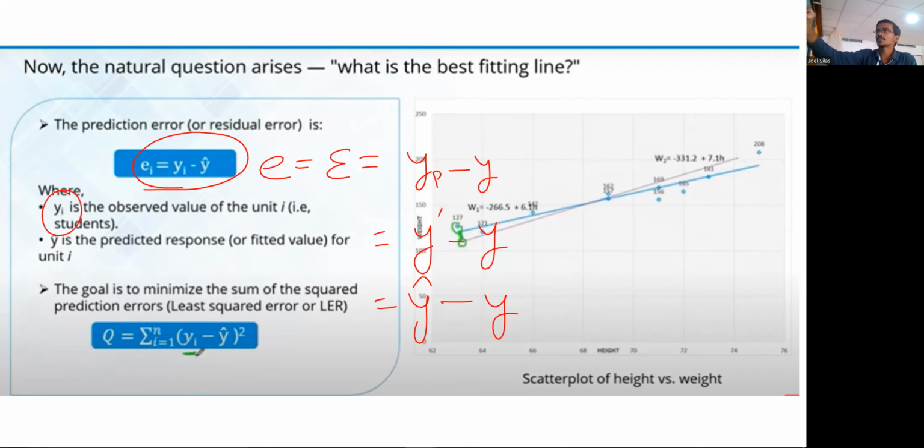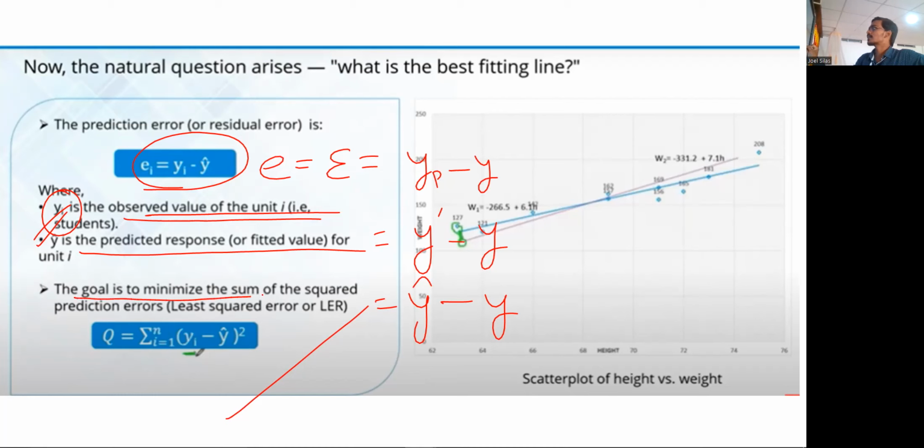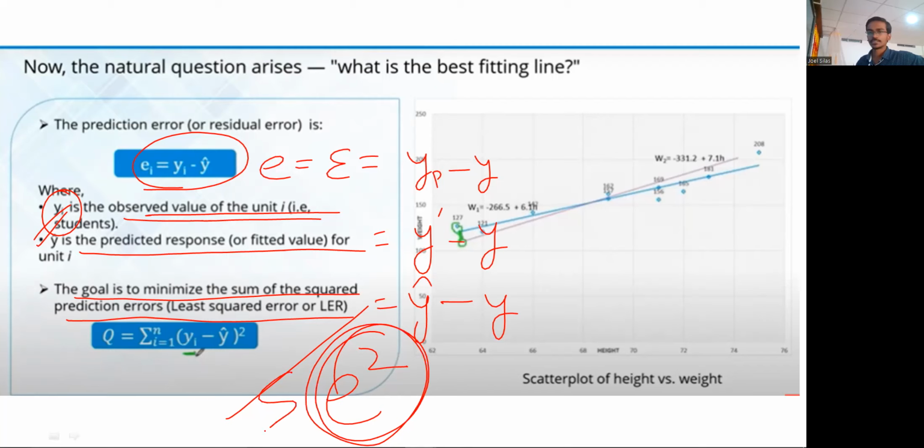Where yi is each of the y values, it is the observed value or the actual value, and y hat is the predicted value or the value of y obtained after fitting the model with the best fit line. The goal is to minimize the sum of the squared prediction errors.